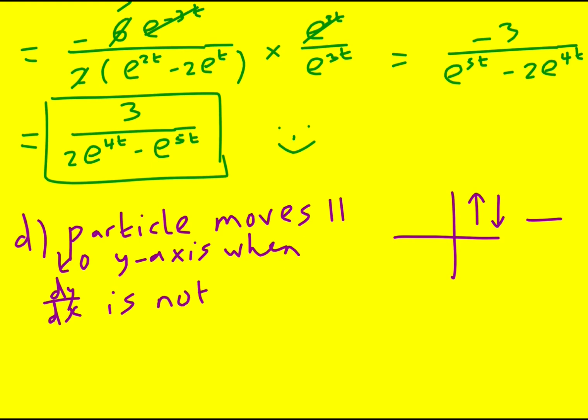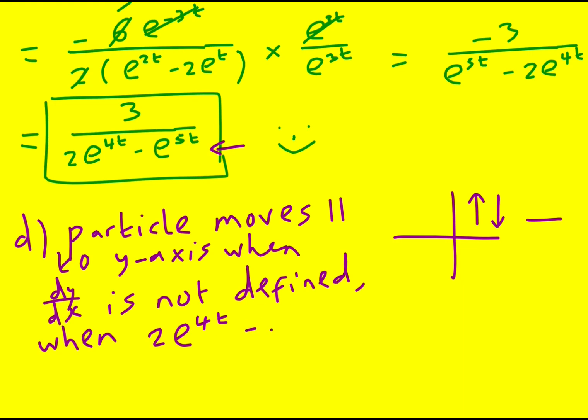More specifically, it's actually when the denominator is equal to 0. Because it will be defined for all other values. All right. Now here I'm going to rearrange it to 2e to the 4t equals e to the 5t.